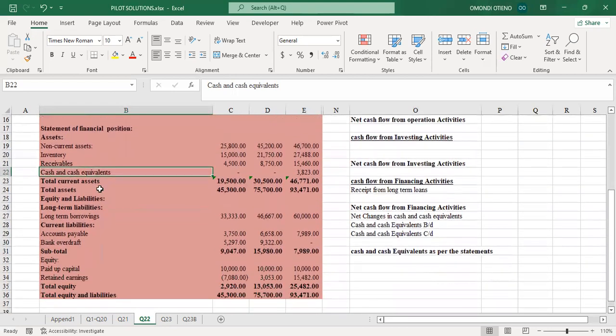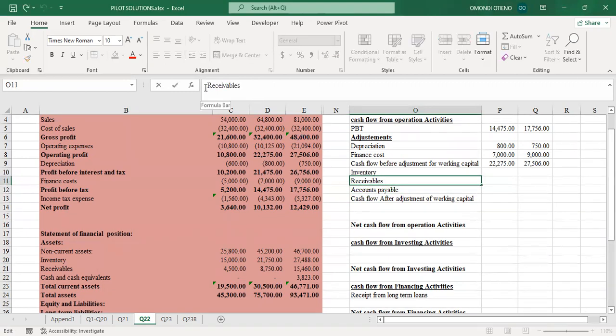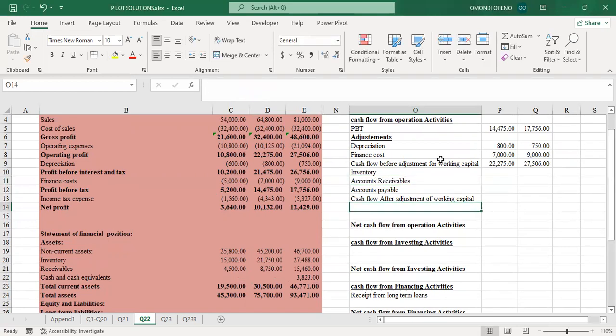So the two are not going to be used in this section, and therefore we only pick accounts payable. So let's now pick accounts payable, so we can have them having the same name.